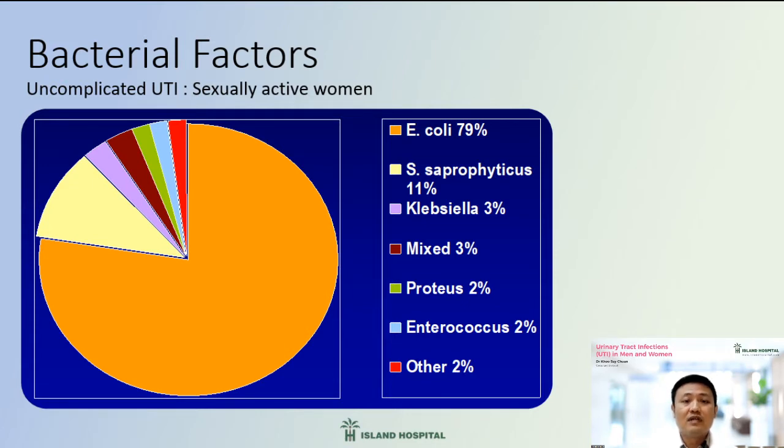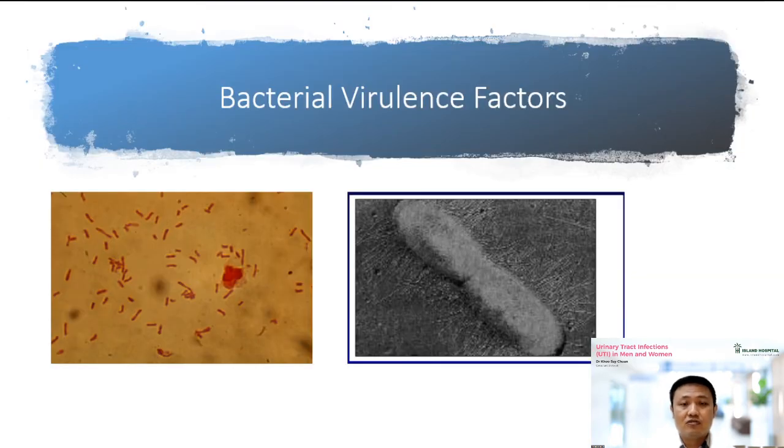Now, next we look at bacteria. In a simple, uncomplicated infection, the commonest bacteria that cause it is E. coli. Now I want to talk about this E. coli because it's the common bacteria that cause urinary tract infections. This is how the bacteria looks like. Why is this bacteria so interesting?